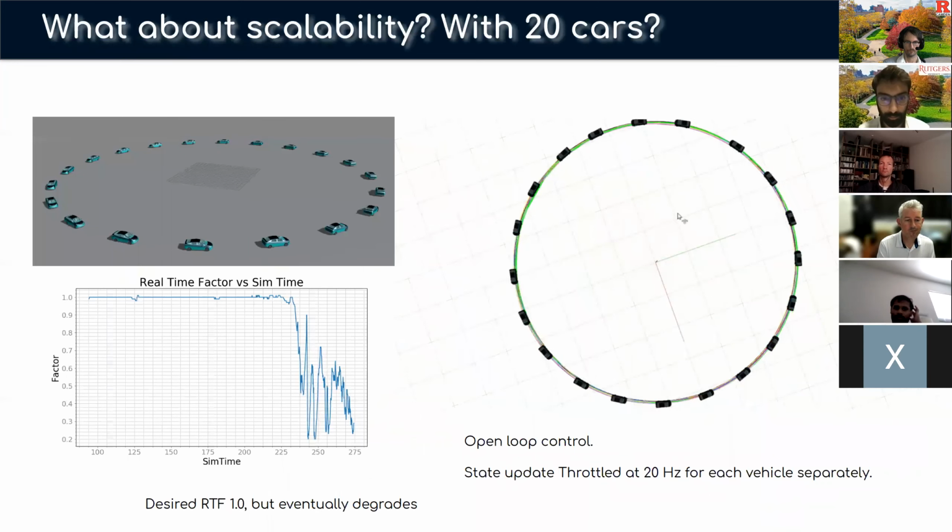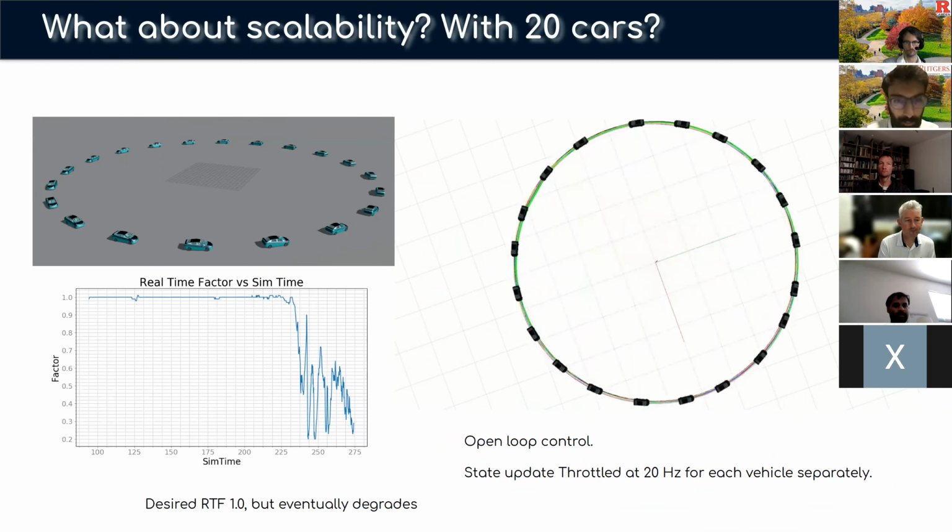Then, by setting the real time factor to exactly 1, we first tried with that many vehicles, and the state update was throttled at 20 hertz, so that once every 1/20th of a second, the state of the vehicle is going to be changed. In this case, we still got a deterioration in the real time factor.